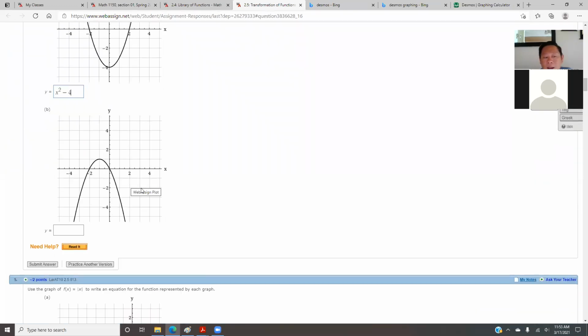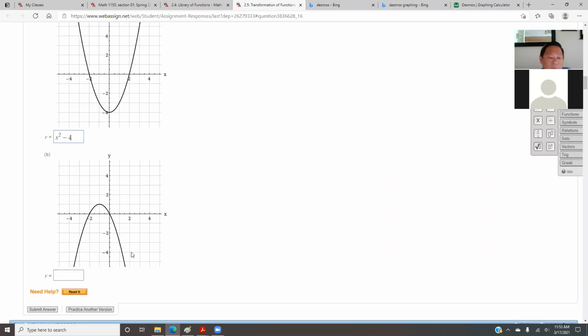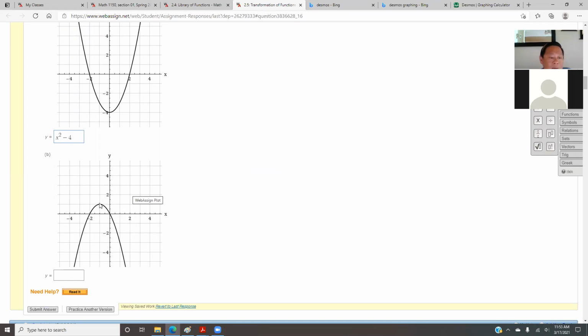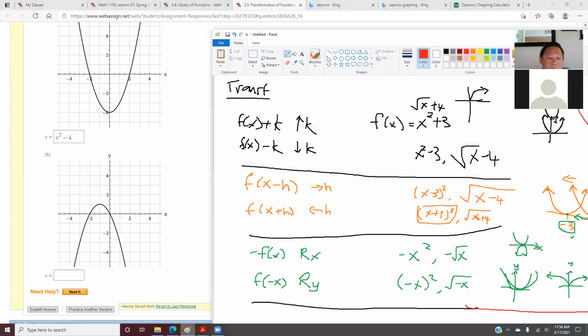Now this one is very special. What kind of transformation can you tell me from a parabola to get into here? I went to the left one time, and then it moved up once.